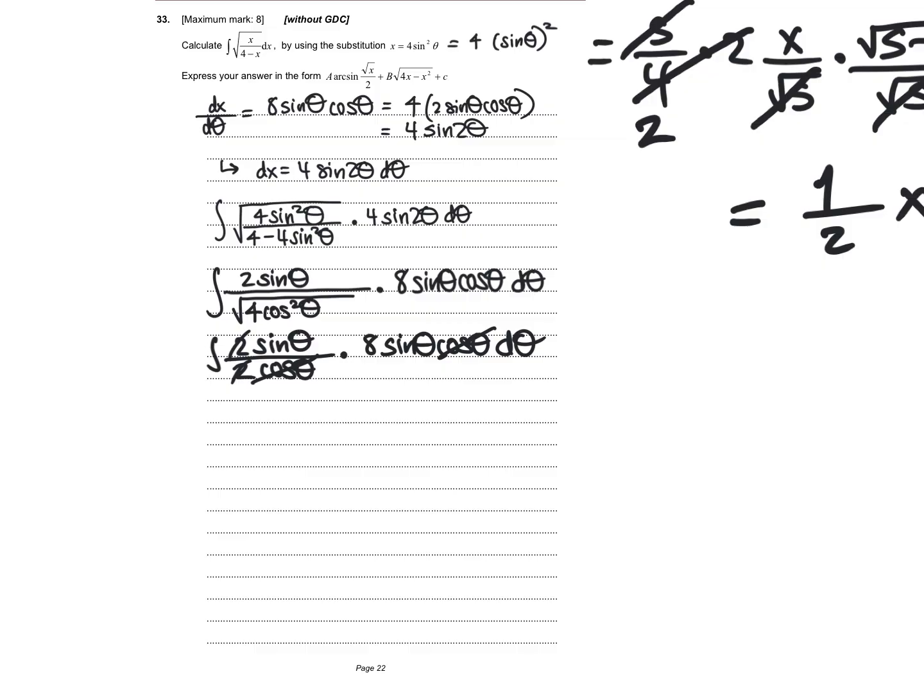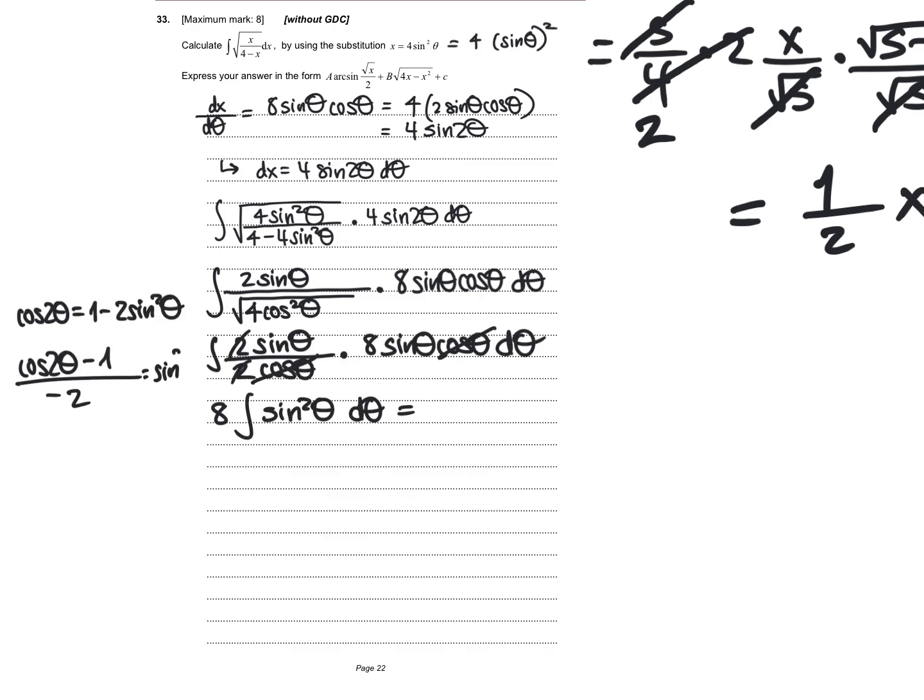So we are going to have 8 on the outside, sine squared theta d theta. Now we're going to use the cosine, because the other trig identities will just also result in something squared. So we have cosine 2 theta equals 1 minus 2 sine squared theta. So we have cosine 2 theta minus 1 over negative 2 is sine squared theta.